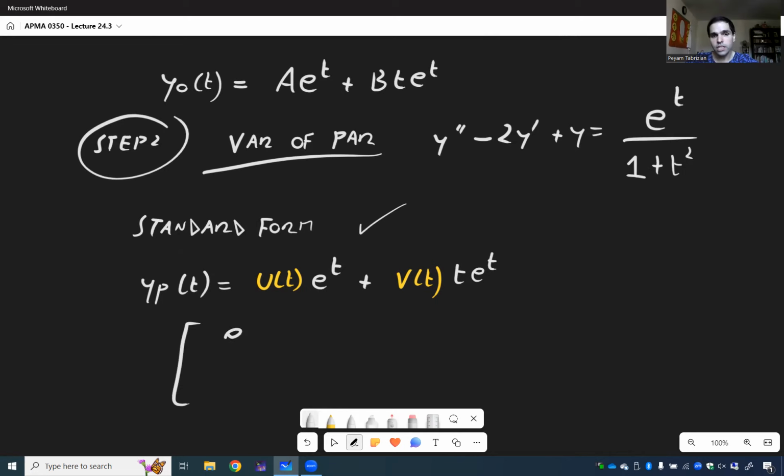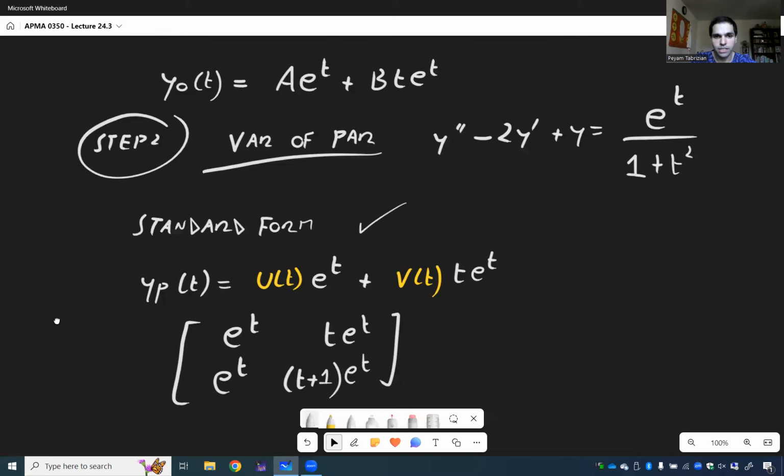So we have e to the t, t e to the t, and then the derivatives. So derivative of e to the t is itself. And derivative of t e to the t turns out to be t plus 1 times e to the t.